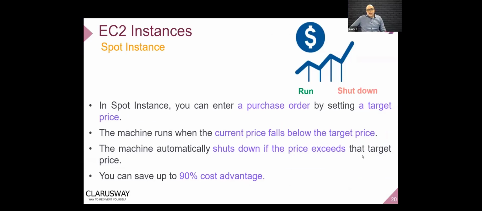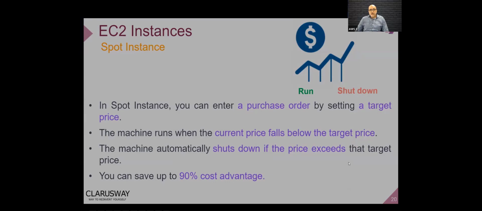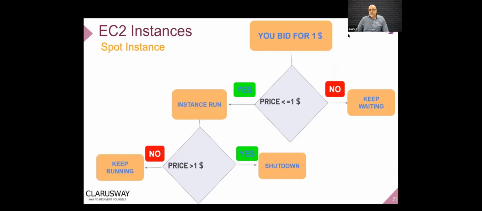Spot instances, you basically set a target price, and I'm going to go straight to this flow chart because this is the best way to understand it. So let's say you say I want to purchase an instance for $1 an hour. Based on the capacity that's available, the price of those spot instances fluctuates.